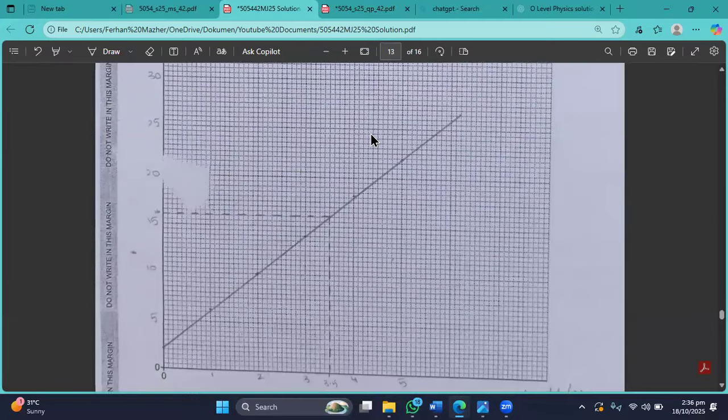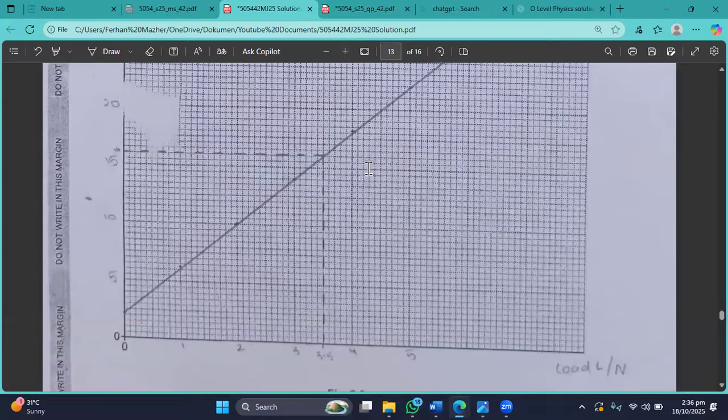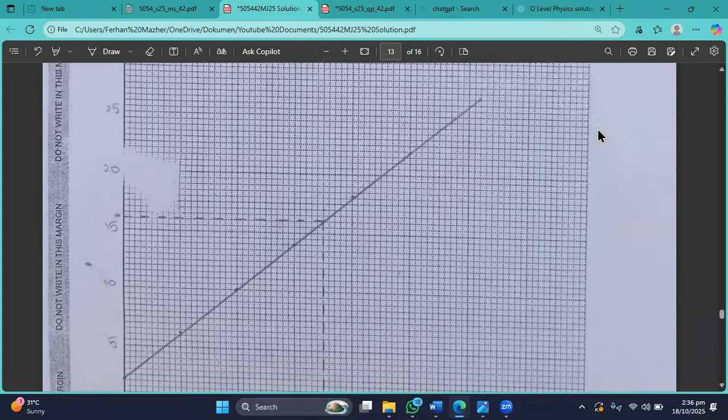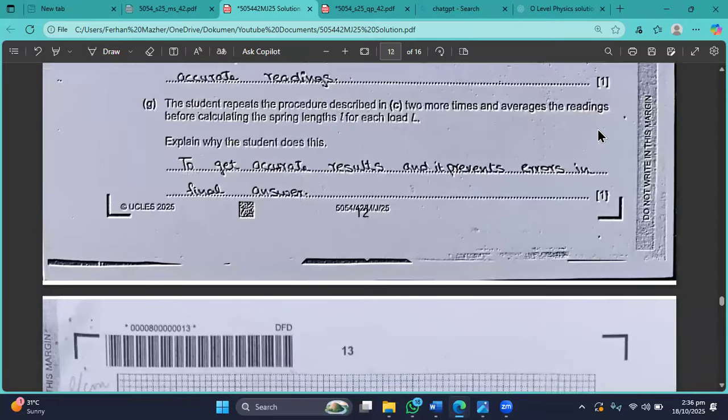So here you have that graph. Look at this graph carefully. It has positive gradient. It's a straight line, but it is not passing through the origin. So from here, I can say that these two quantities are not directly proportional to each other.